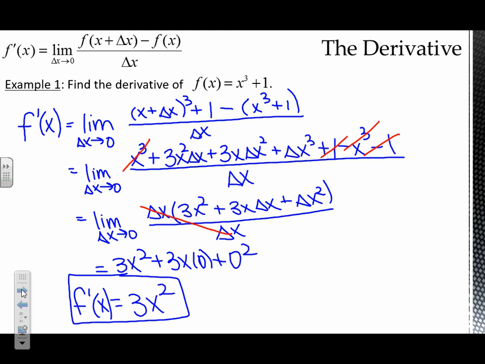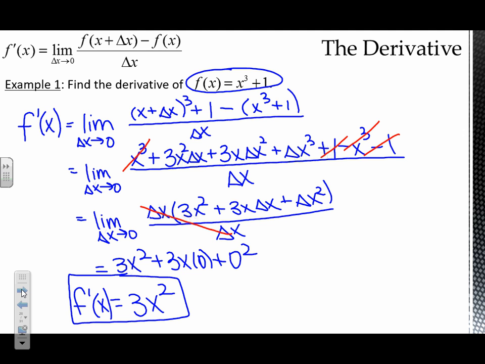Now, luckily, you've practiced the limit of the difference quotient before, so really the only new thing about today is you know now that it represents the derivative, okay? At any point on x cubed plus 1, the instantaneous rate of change is 3x squared.